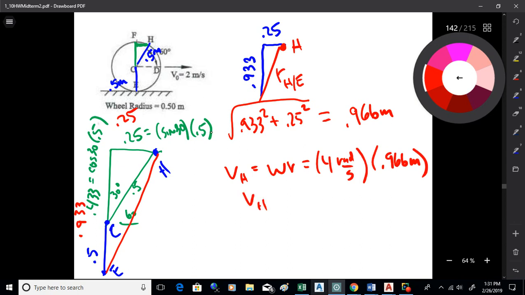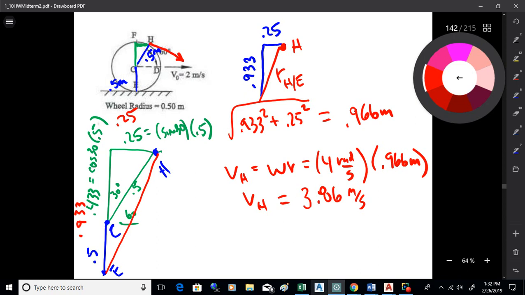And so that'll get you the velocity of H, and that is 3.86 meters per second. Okay, so what H is doing, it's not tangent to the circle actually. It's kind of splitting the difference. It's going off that way. I think it's like 15 degrees down below the horizontal there. Okay, and that's 3.86 meters per second for VH.